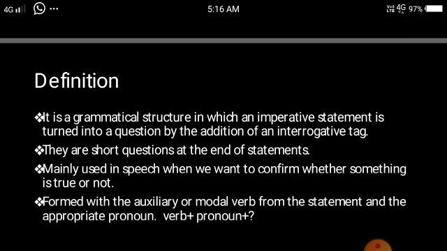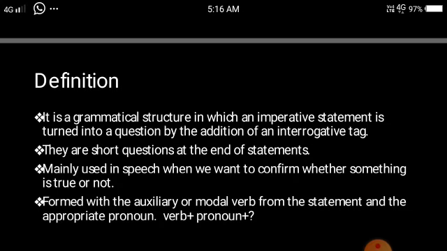So, when do you use a question tag? Question tags are generally used in conversations, in speech, when you want to confirm, to be very sure whether what you are stating is true or not.